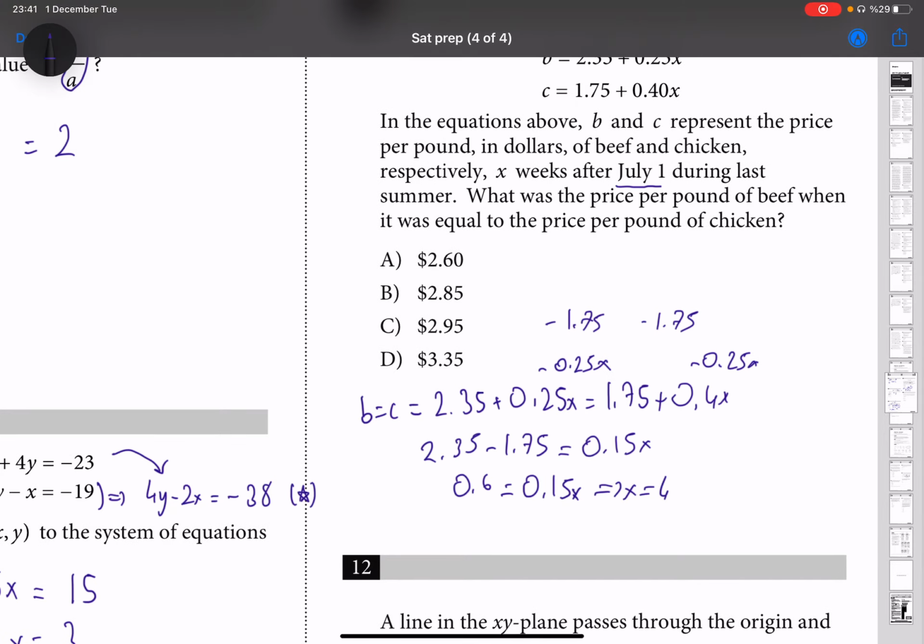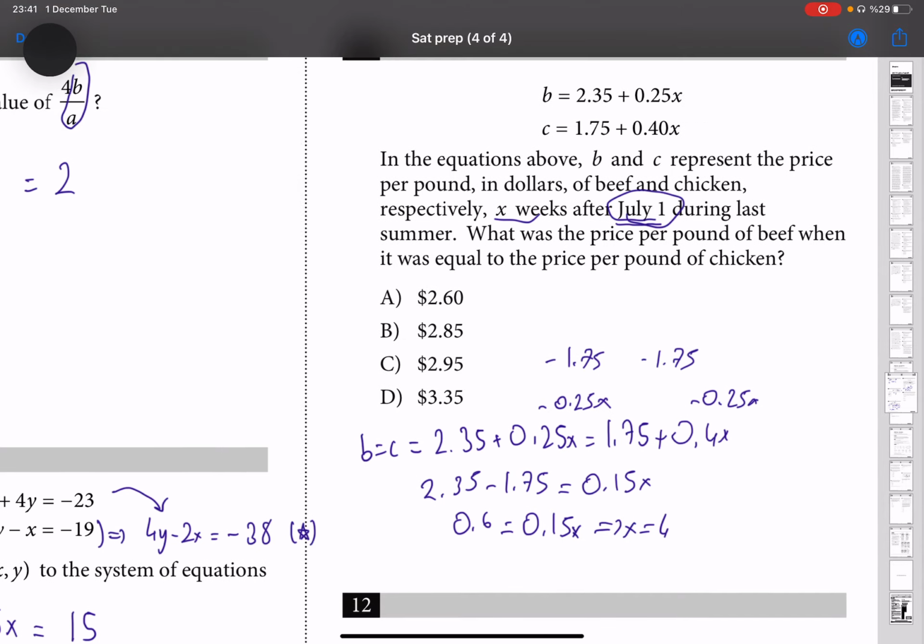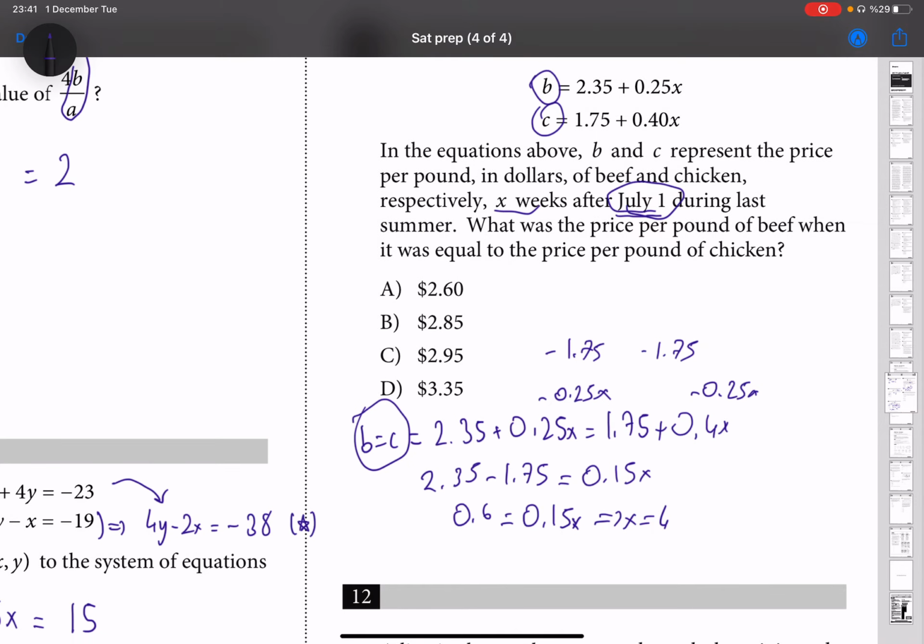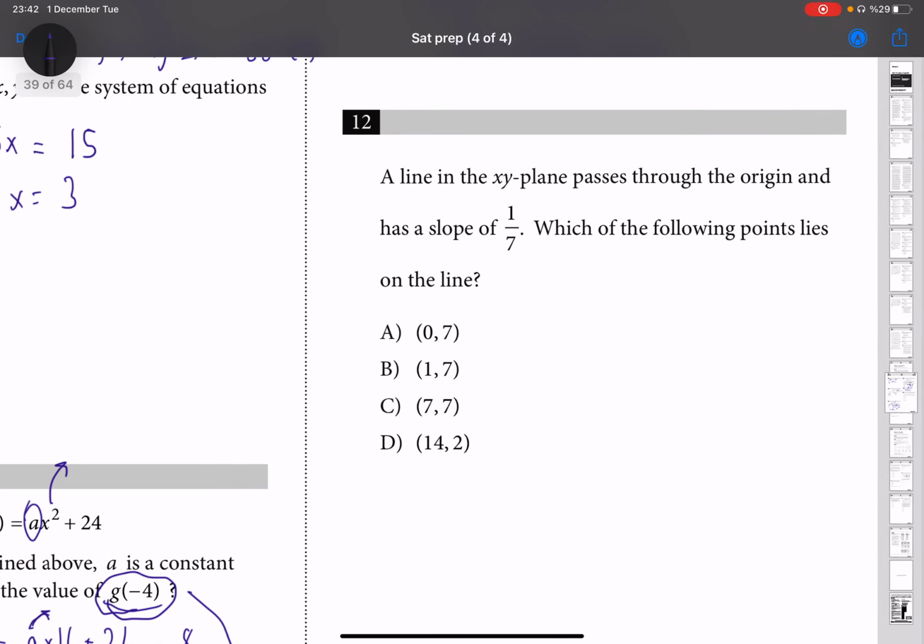But this is how many weeks after July 1. To find the result, I should substitute x equals 4 into any of these equations because they should give the same result. That was our beginning. So let's use B, for instance: 2.35 plus 0.25 times 4. This is 1, so the answer is $3.35.